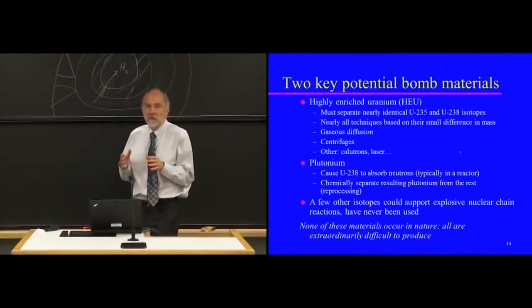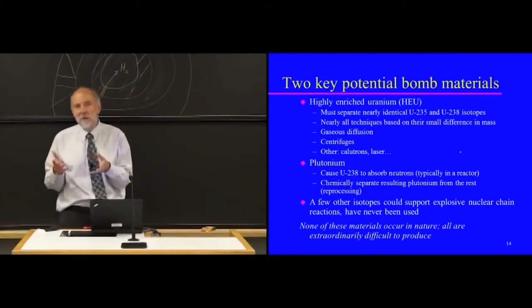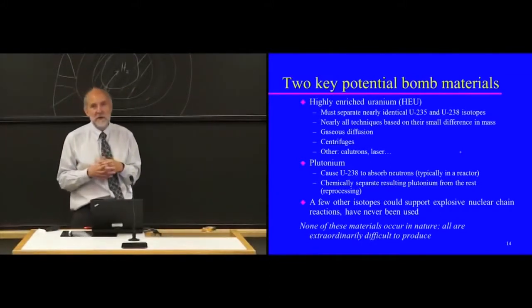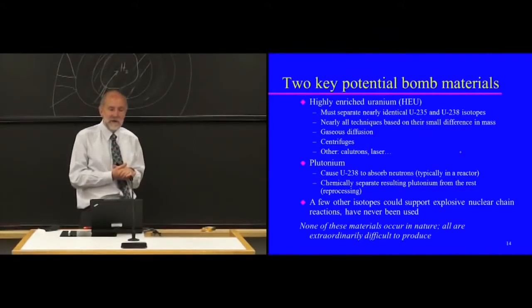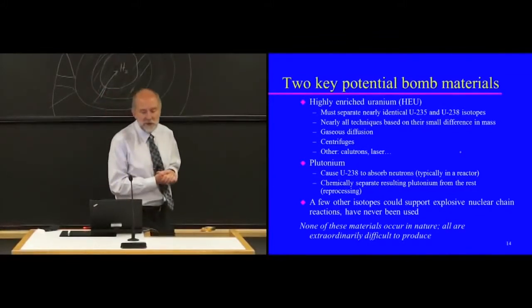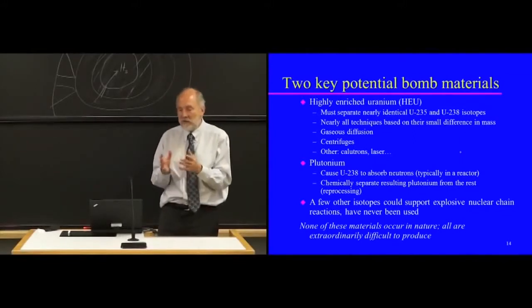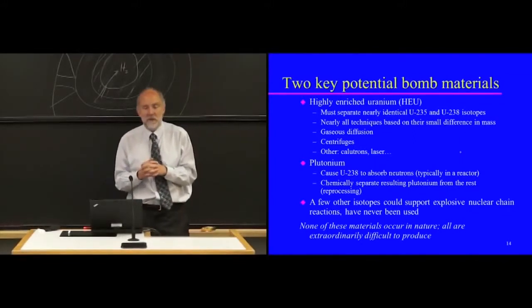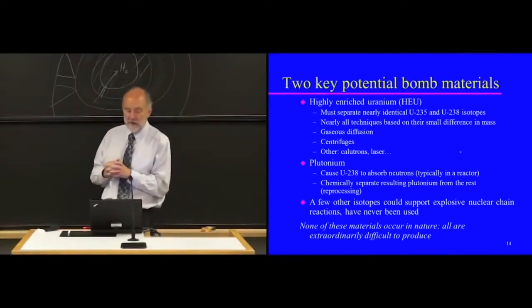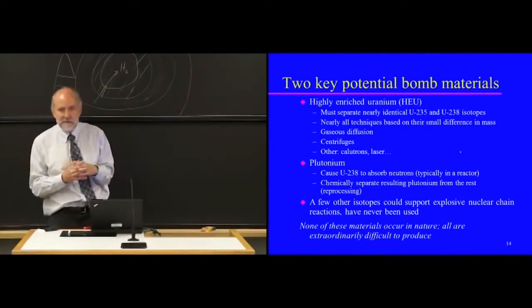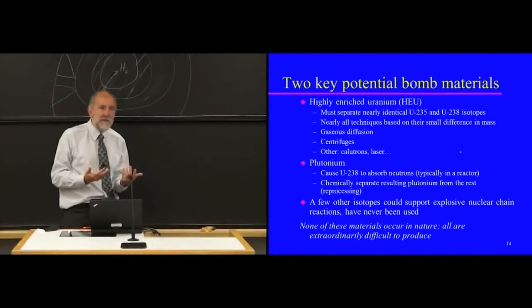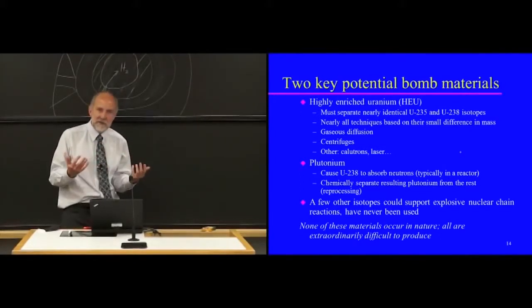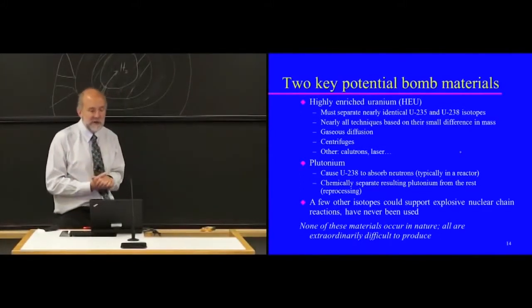So it's only a little more than 1% difference in the mass, and that slight difference is what most of the approaches play on. And we'll talk about a couple of the approaches next time. But there's gaseous diffusion approaches that use huge amounts of energy. There's centrifuges. There's a variety of others.